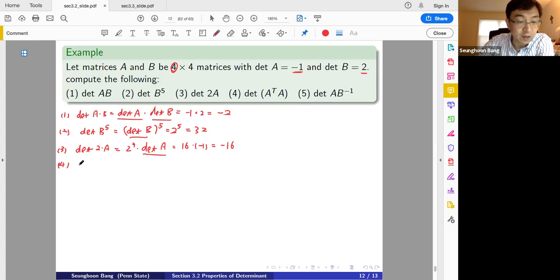What is the determinant of the transpose of A times A?